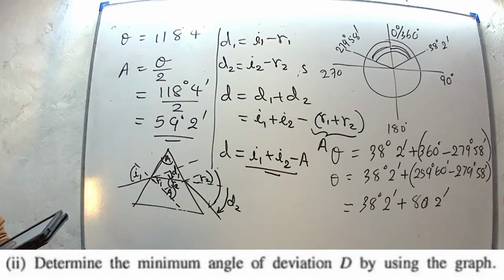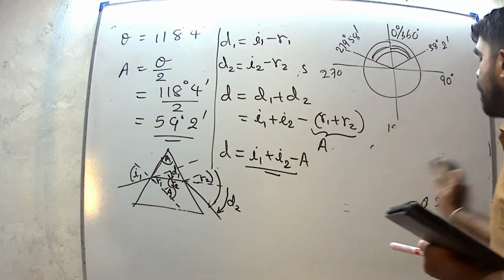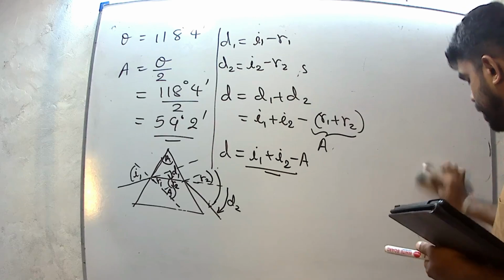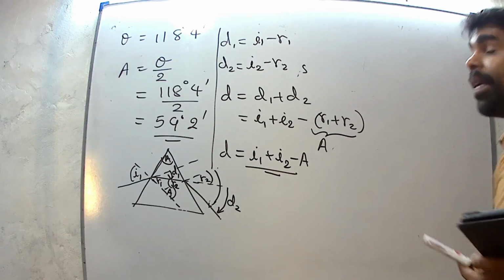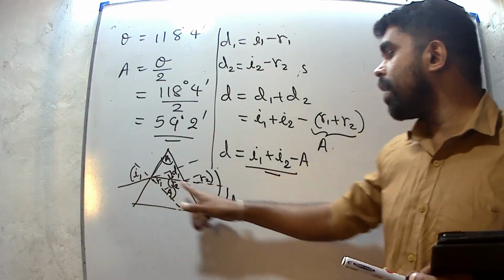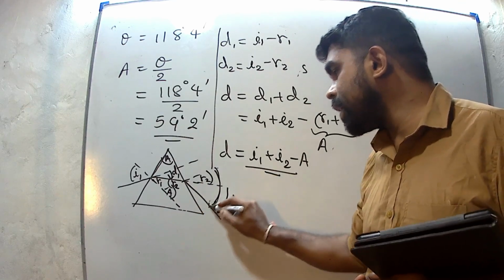Then part 2, determine the minimum angle of deviation by using the graph. We know that the minimum angle of deviation is given by the symmetric way. Symmetric way means I1 should be equal to I2. This full angle is I2.